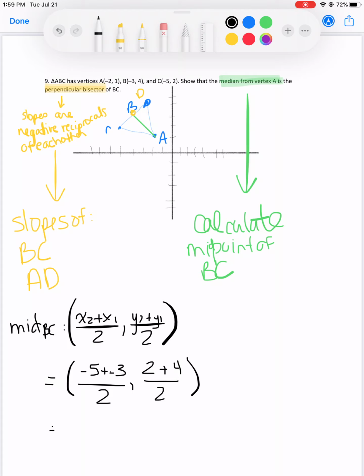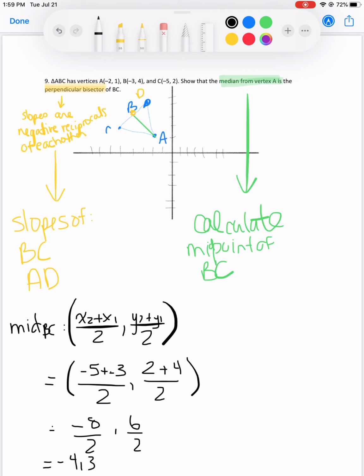Negative 5 plus negative 3 is negative 8. 2 plus 4 is 6. That means my midpoint is negative 4, 3. So that's very similar to what I said earlier, because I said 3 and a bit. Well, it happens to be exactly 3, right? So that's good, because I drew it, I know I'm in the right area. So there's one thing done.